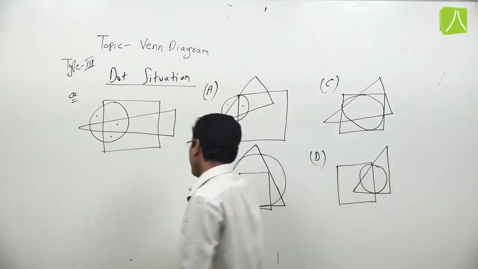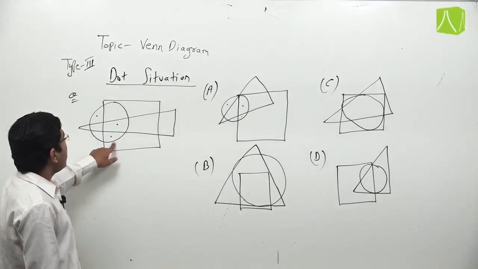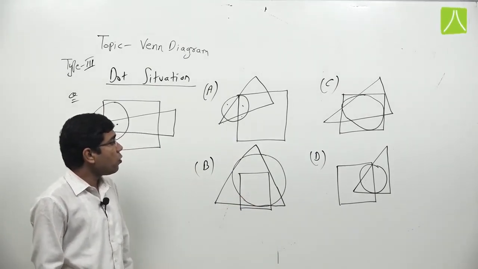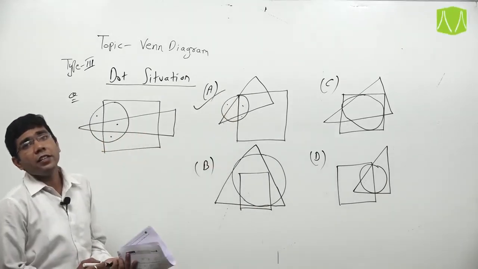Now in this other option we cannot represent the dot between circle and square, because there is no part which represents the common part of circle and square. So for this question our answer should be option A.